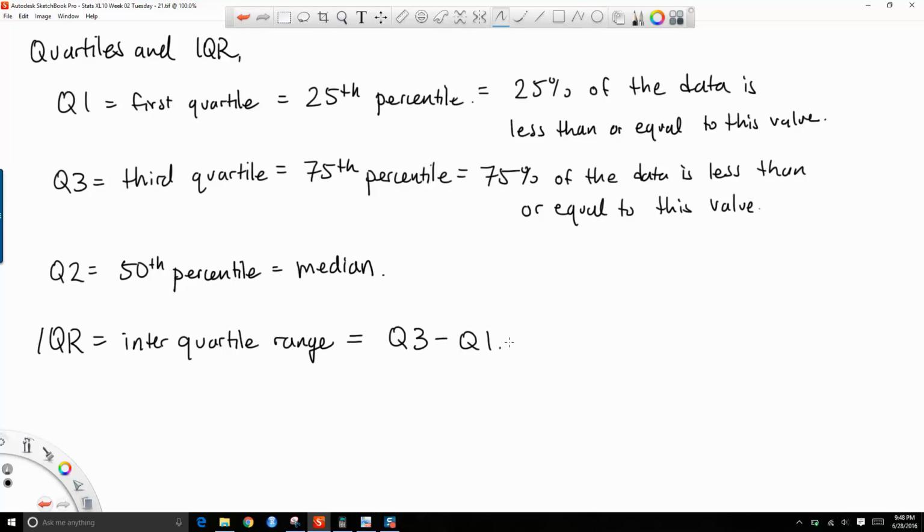So to find the quartiles, all you do is take your list of numbers and find the median, and once you find the median, that's going to split your list in half. And effectively, you're going to just take each of those half lists and find the median of the half list to get the quartiles. I'm going to flip to the next page. So to find the quartiles, first find the median.